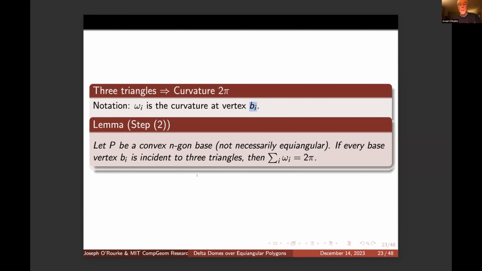This is a little elementary algebra, which I won't go through, but this plays a role that the sum of the curvatures around the base is exactly 2 pi. And where this plays a role, just jumping ahead, is the Gauss-Bonnet theorem, which says that the total curvature over the whole surface must be 4 pi. So 2 pi is used up around the base, which leaves 2 pi for the dome.